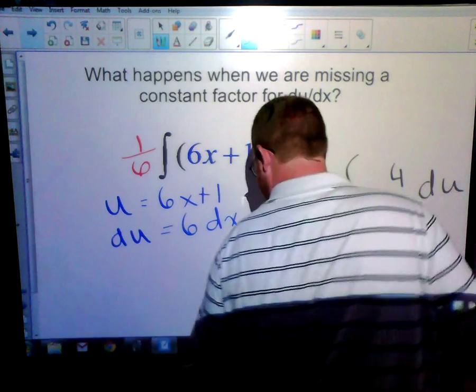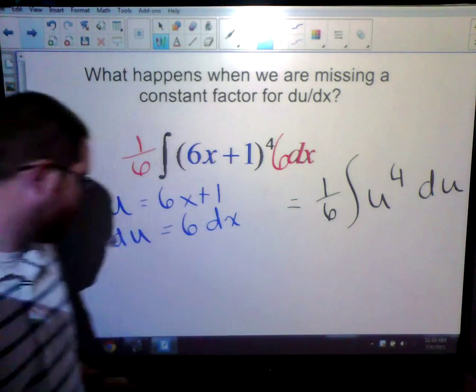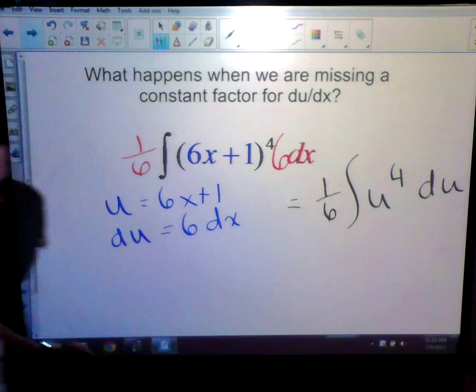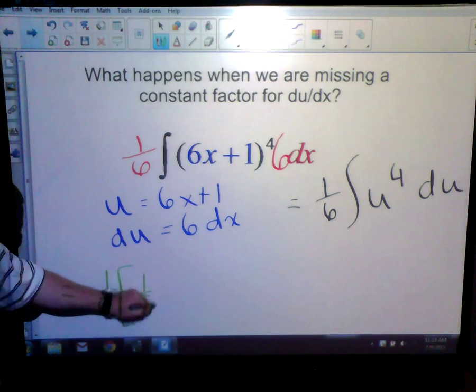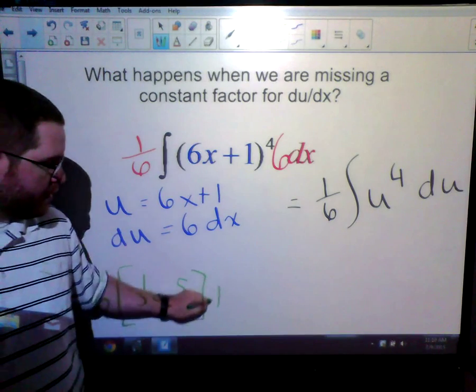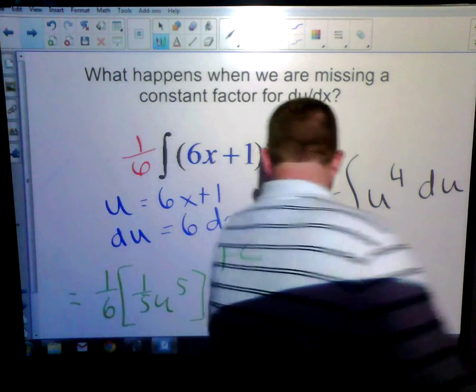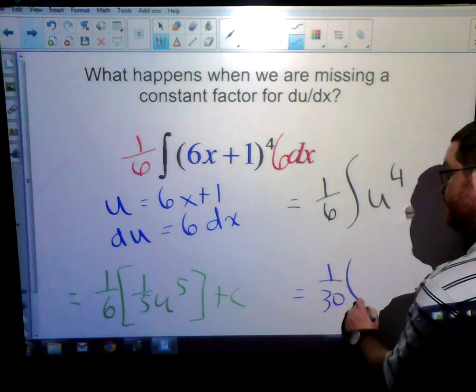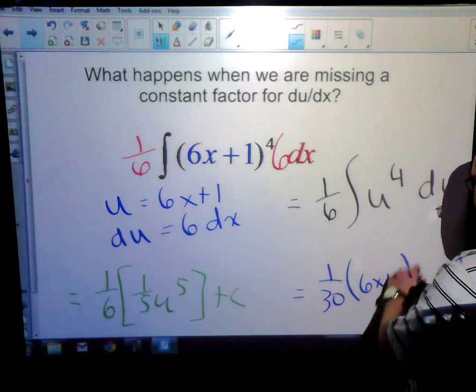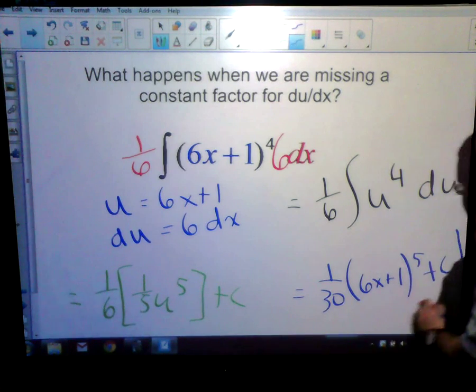That makes it 1/6 times 1/5 u to the 5th plus c. And it makes your final answer 1/30 (6x plus 1) to the 5th plus c.